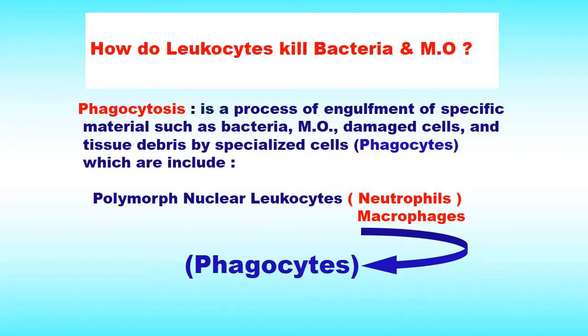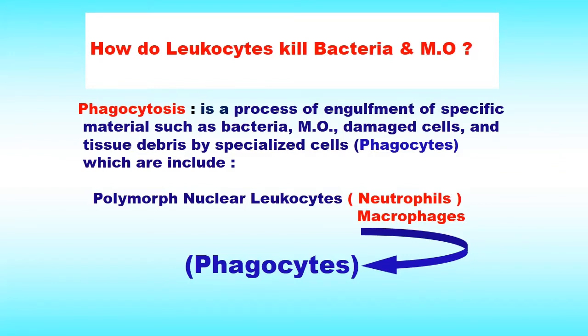And macrophages. Macrophages are more powerful phagocytic cells than neutrophils. In acute inflammation, neutrophils predominate in the first 24 hours, causing destruction of the cells of the tissue, and are then replaced by macrophages after 24 to 48 hours.